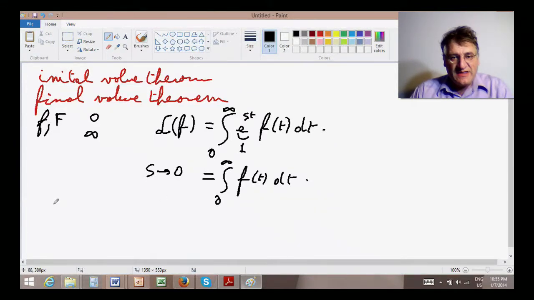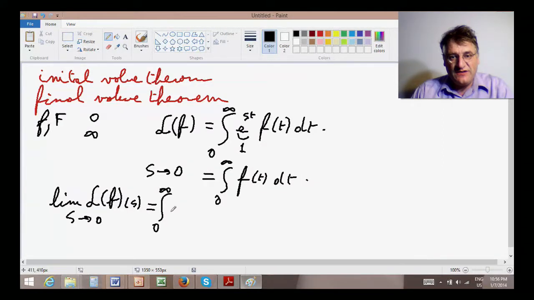So we can say that the limit of the Laplace transform of f at s, when s tends towards 0, is the integral from 0 to infinity of f of t dt.